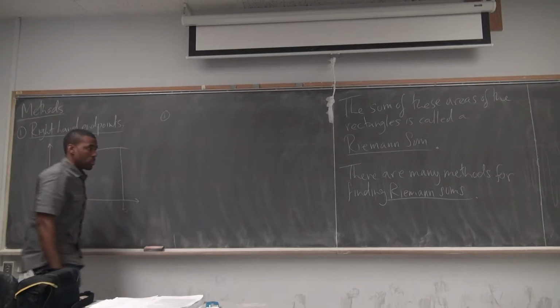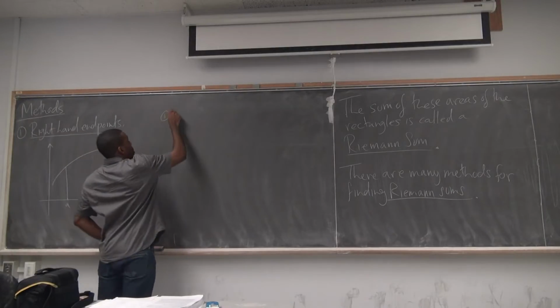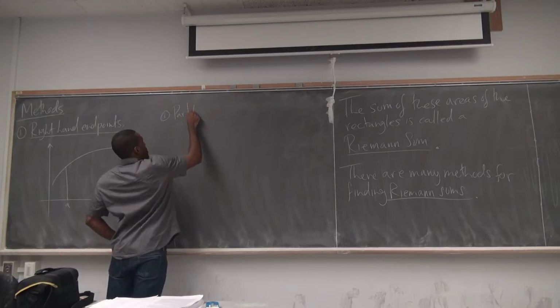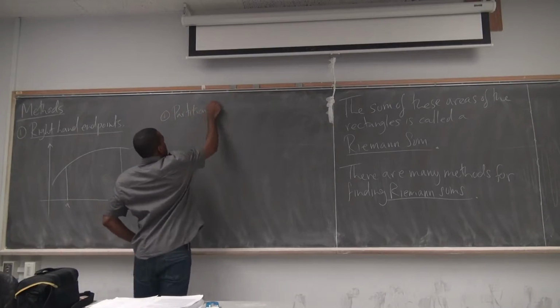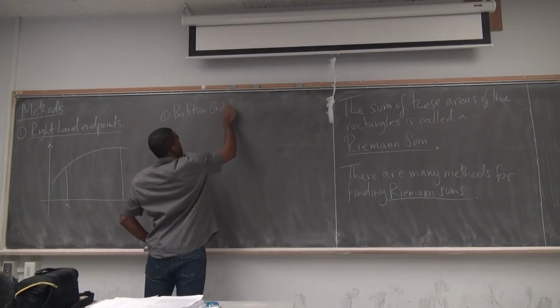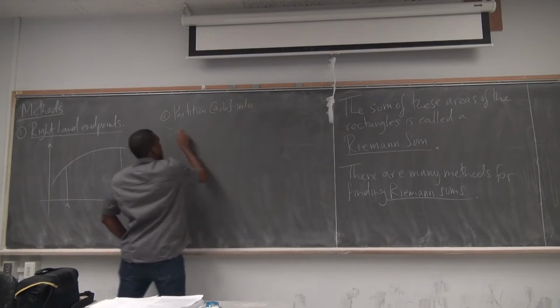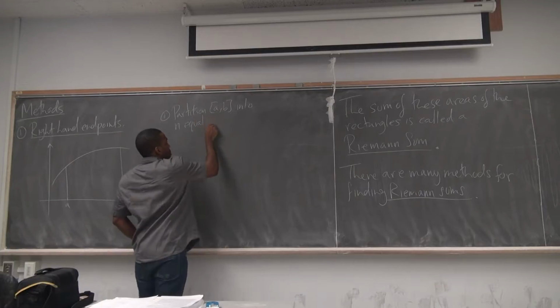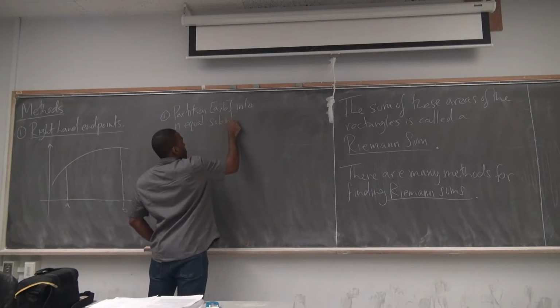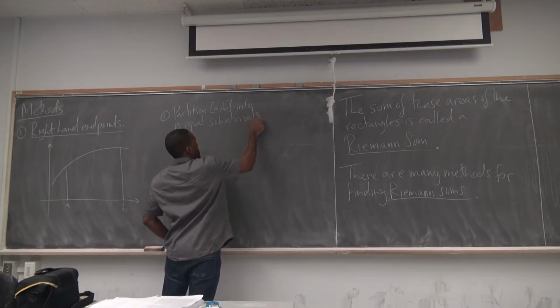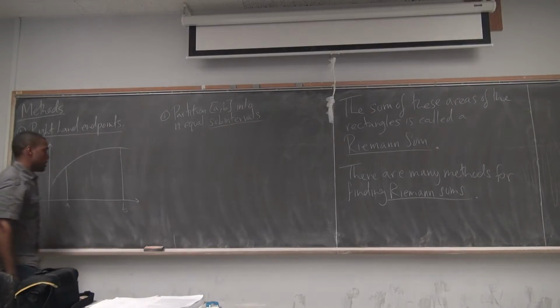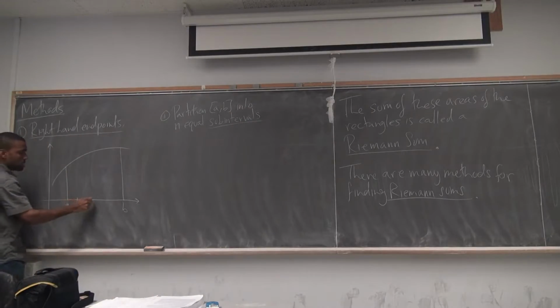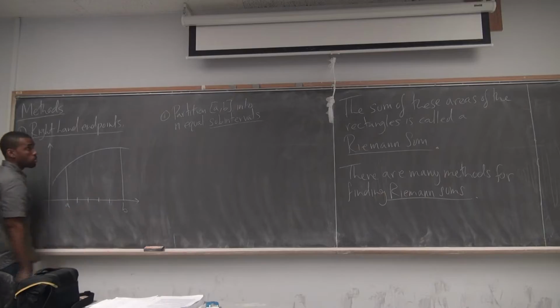Step one, what you're going to do is partition the interval AB into n equal subintervals. So I'm going to cut this into n sections, all of equal length, right?